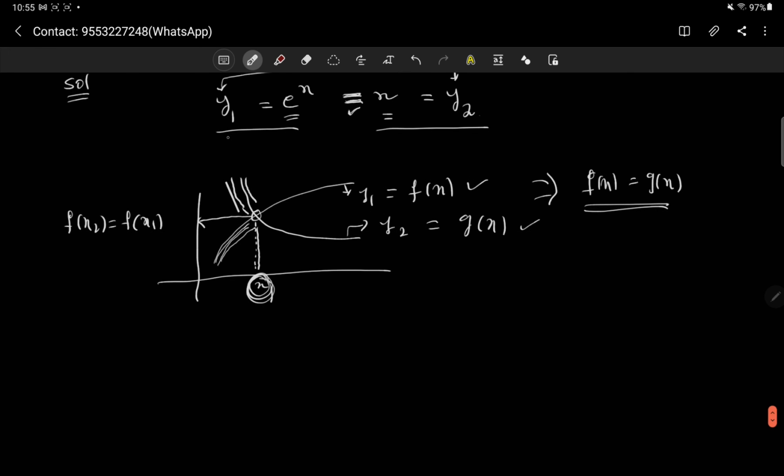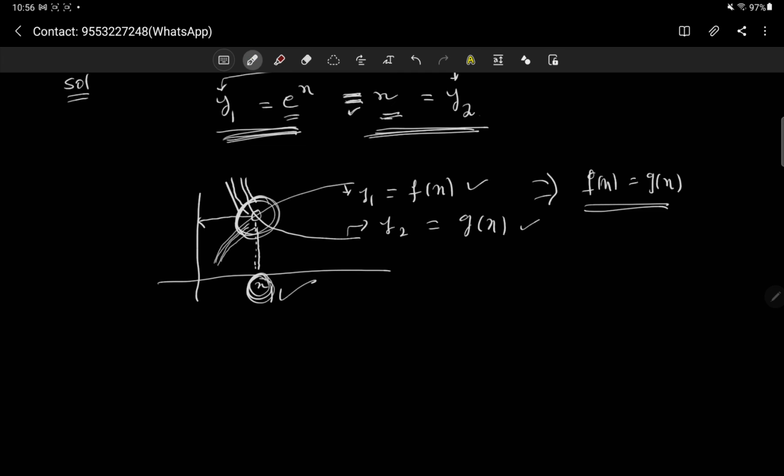So we are going to take the graph of e power x and the graph of x. Then we'll see where they meet. How many contacts are there? For one contact you will have one value of x so that both functions are equal.